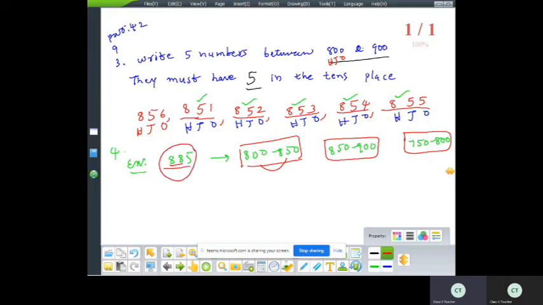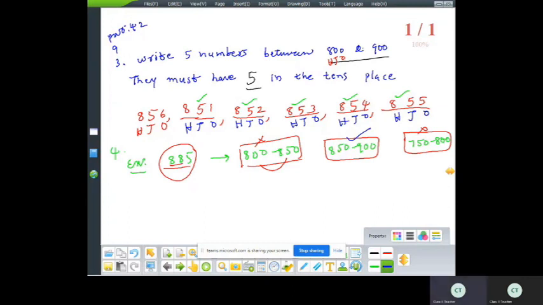The other option is not correct. The correct option is 850 to 900. This is our correct answer. That is the fourth example. 885 lies in between 850 to 900.